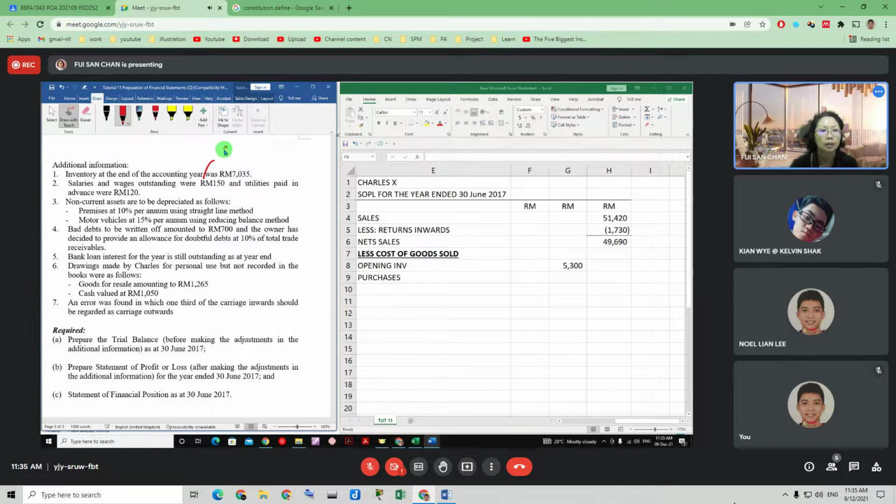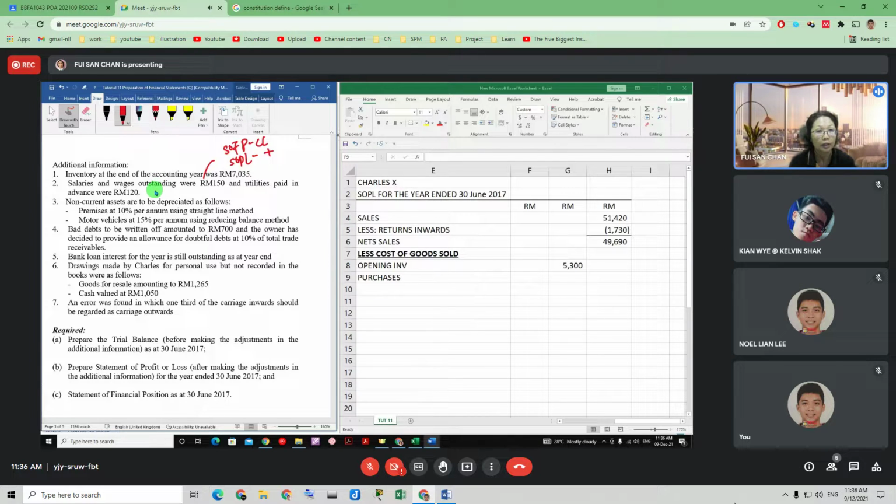In SOFP, it's a liability, correct? But how about in SOPL? Plus or minus? We haven't paid the money yet. Plus, because salary and wages were already incurred.